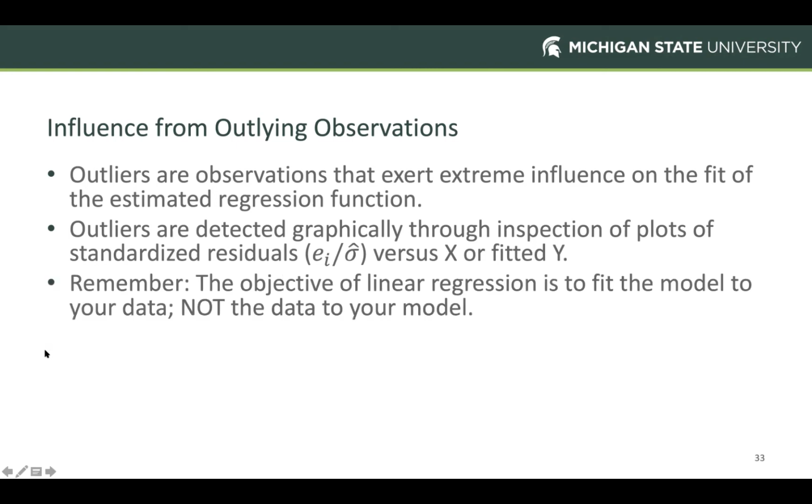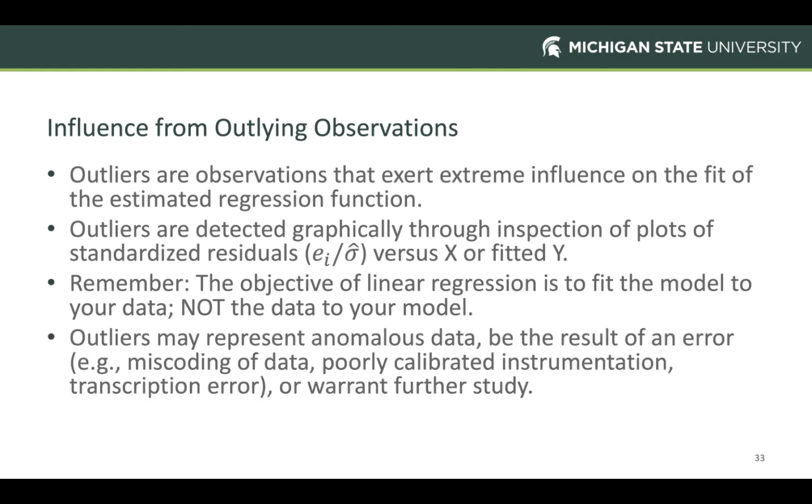With that being said, we don't want to get in the habit of just throwing data away because it doesn't happen to fit our model. With model estimation, we're trying to take a relationship and develop a hypothetical or theoretical model of what's driving that relationship and those trends that we're observing in the data. So we want to be very careful about rejecting data unless we have a sound reason to do so. These outliers could represent anomalies.